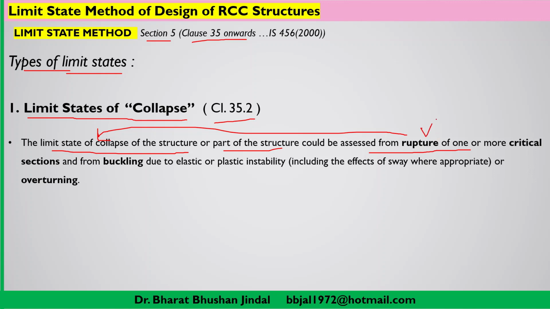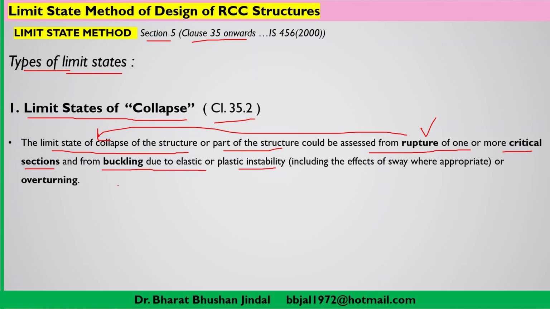Because if there is any rupturing in a structural component, that does not mean that the structure has failed. So it can be assessed from rupture of one or more critical sections, and from buckling due to elastic or plastic instability.